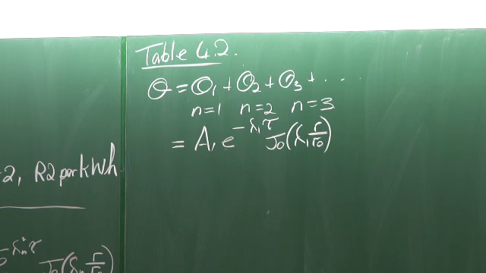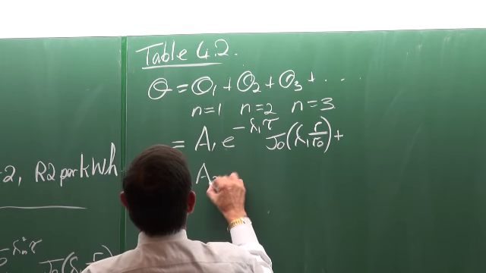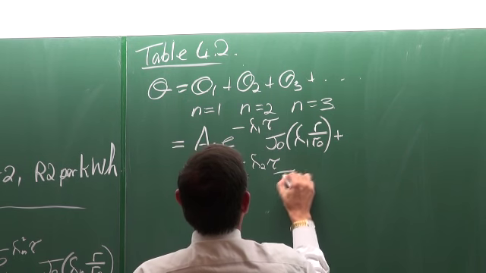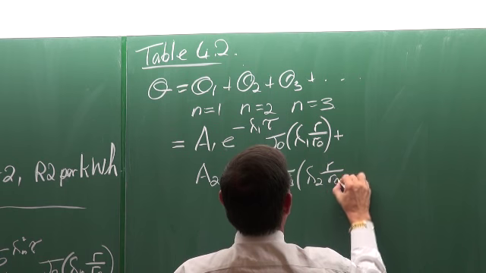That would be the first term. The second term would be plus A2 e to the minus lambda 2 squared tau multiplied by J0 of lambda 2 r divided by r0.